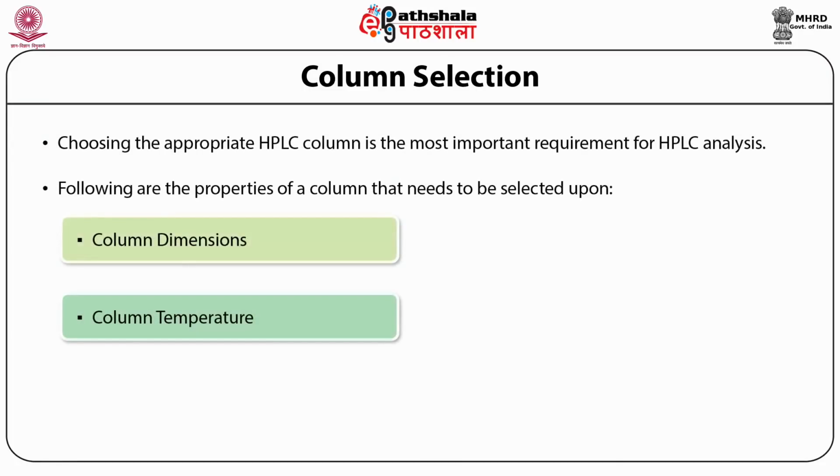Column selection. The most commonly used HPLC columns are C18, although C8, the octyl bonded phases, are also used occasionally. The C18 are non-polar columns but not as hydrophobic. Therefore, retention time for them is higher.